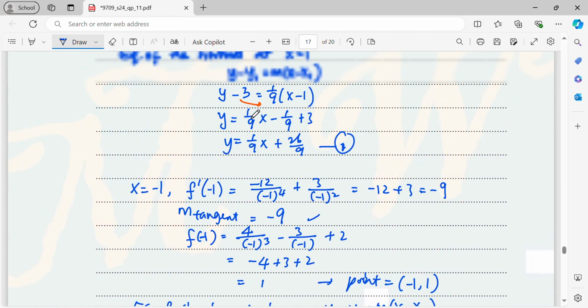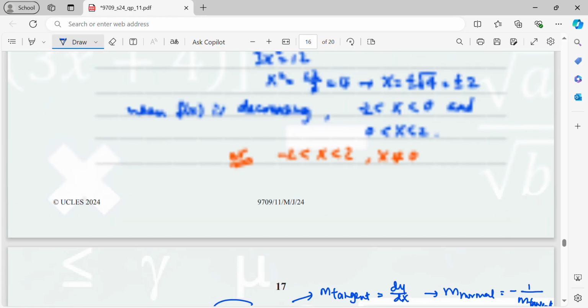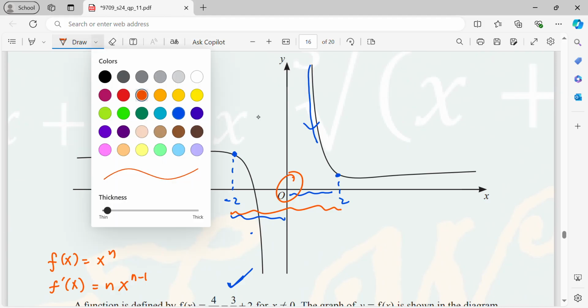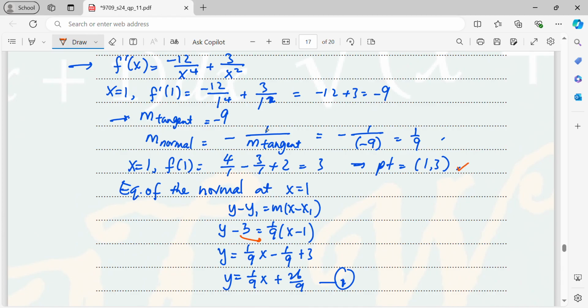Now you go back to the question. Triangle bounded by the y-axis, the normal line and the tangent line. Find the area of the triangle. So now go back to the diagram. Look at the calculation. When x equals 1, your y is 3.